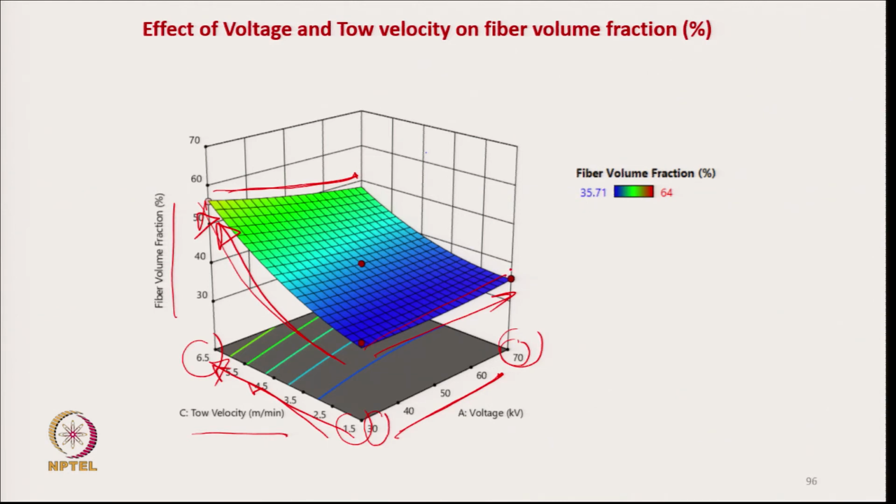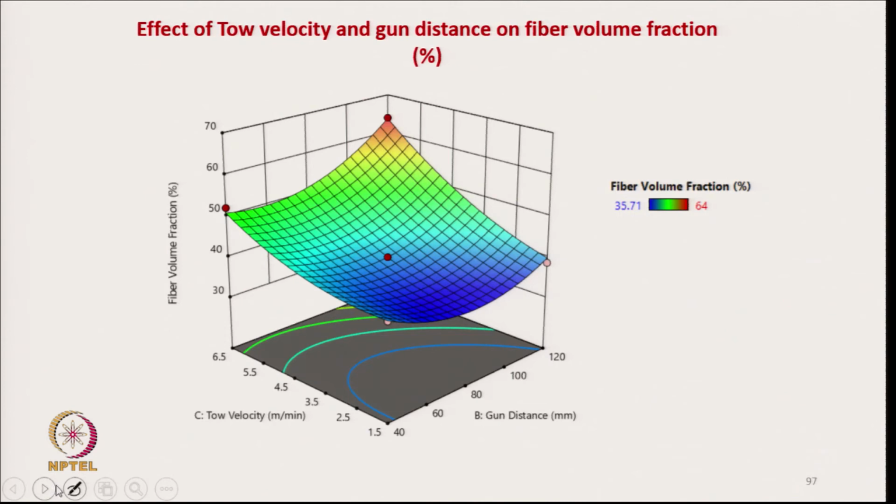So, by having the response surface equation we can get the total trend of the parameters in this experimental zone. Similarly, this response surface shows the effect of toe velocity and gun distance on fiber volume fraction. It shows that as we increase the gun distance, it is changing.